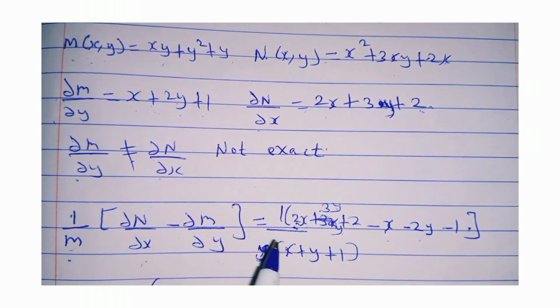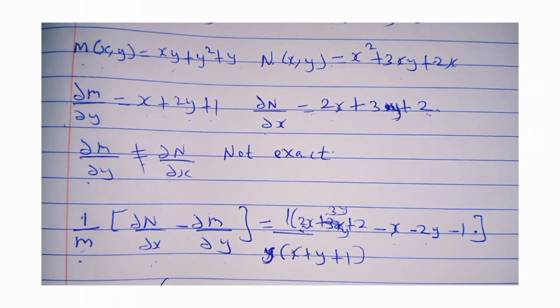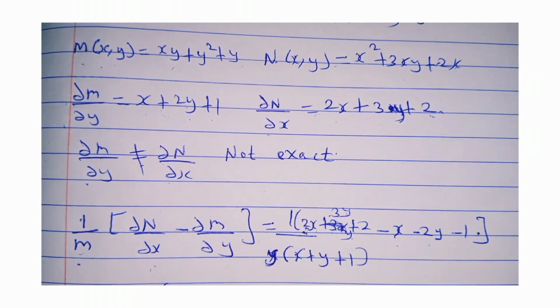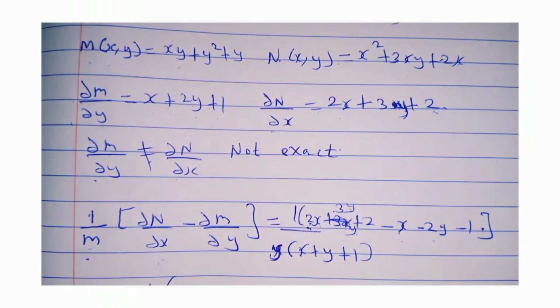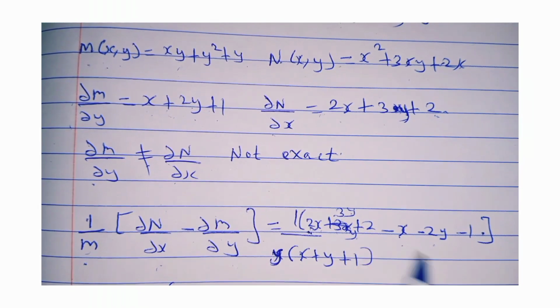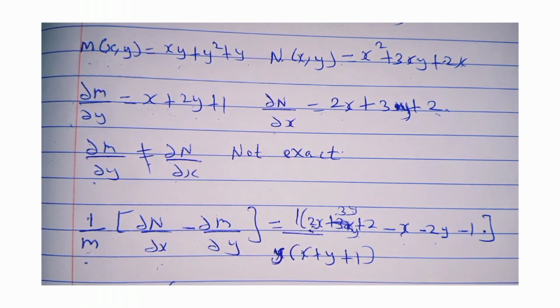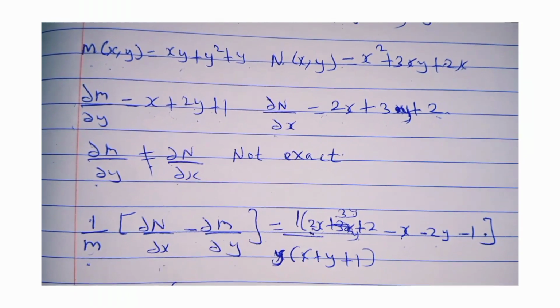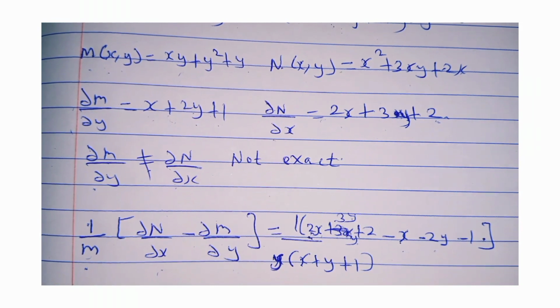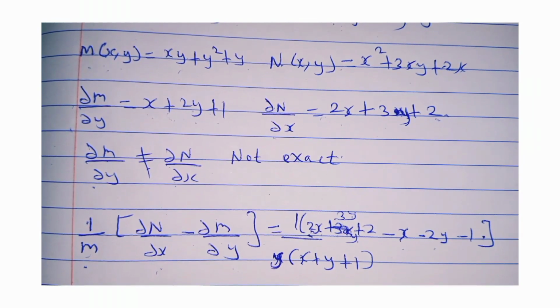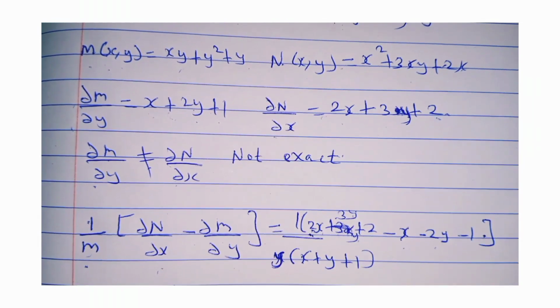So you simplify. You have 2x minus x, which gives you x. You have 3y minus 2y, which gives you plus y. Then you have 2 minus 1, which gives you plus 1. This will give you 1 over y.